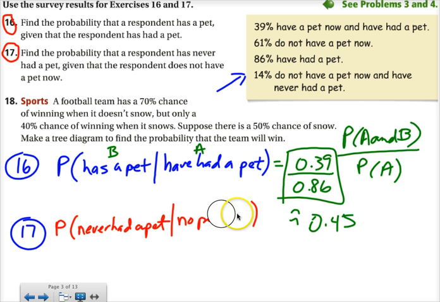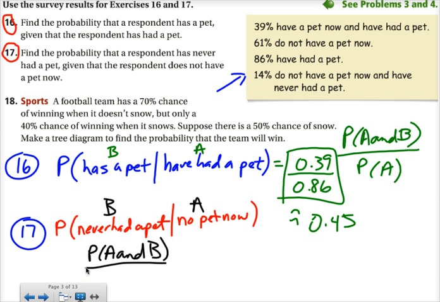So no pet now. All right, so here's our B and here's our A.